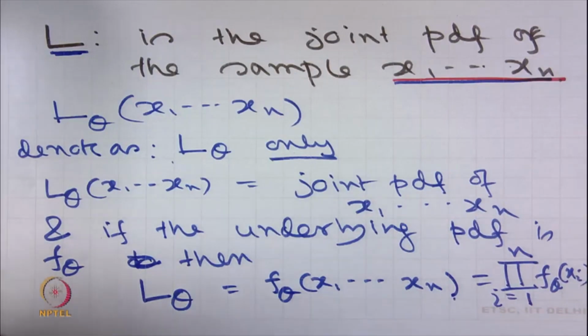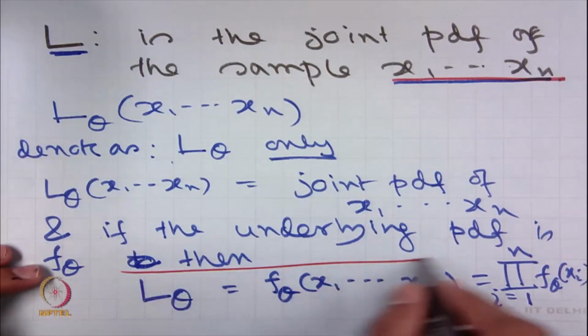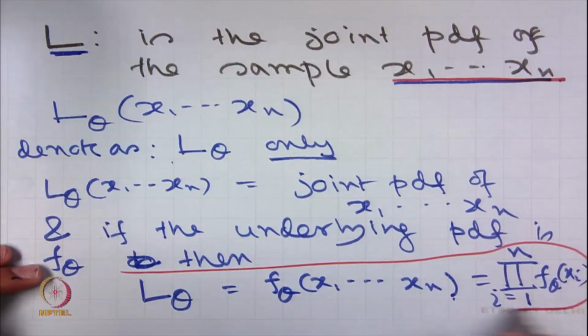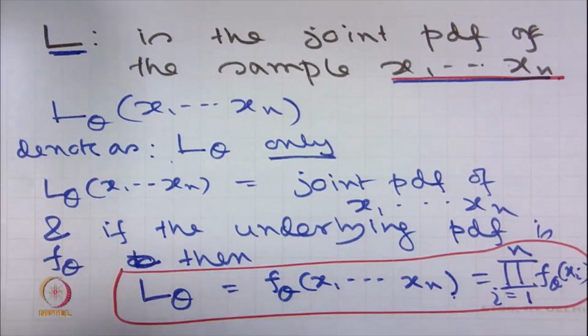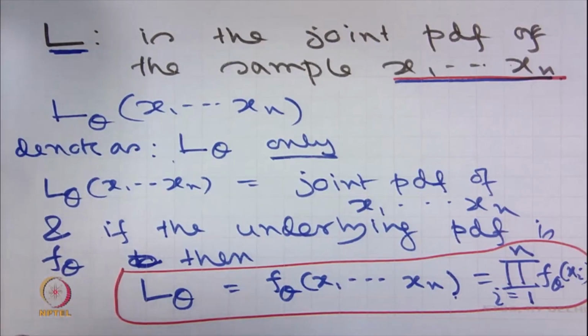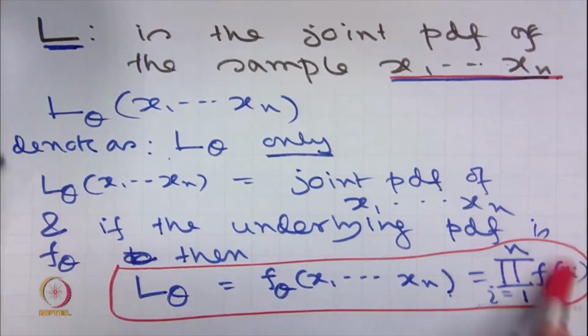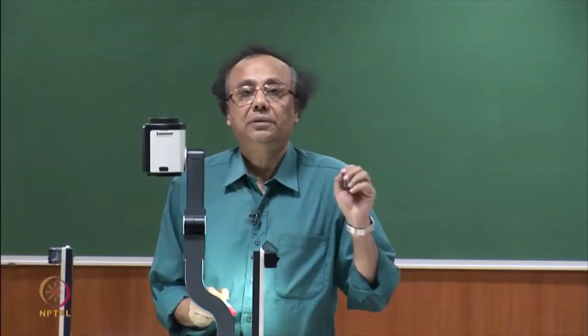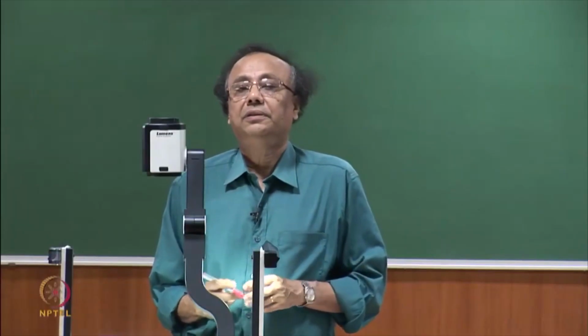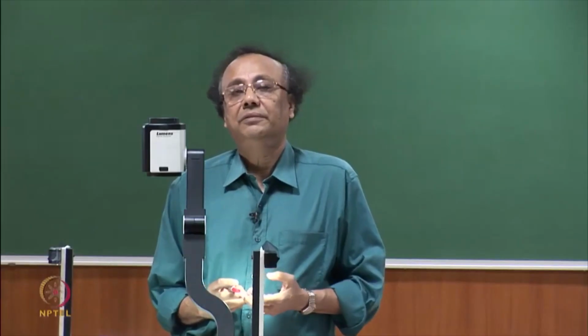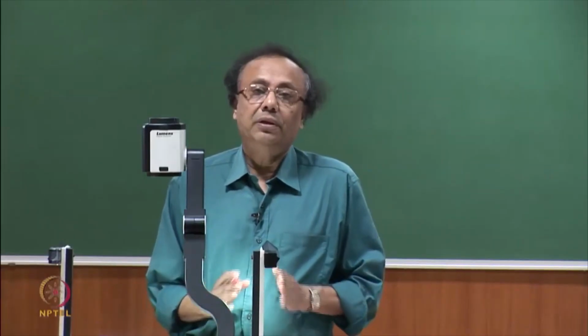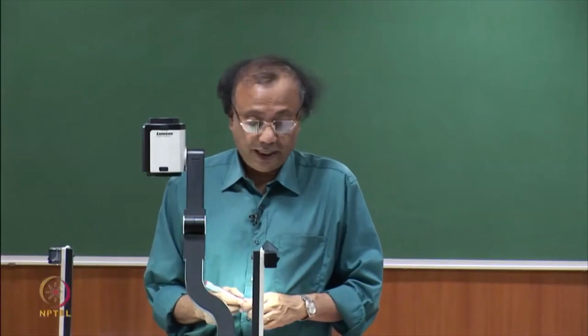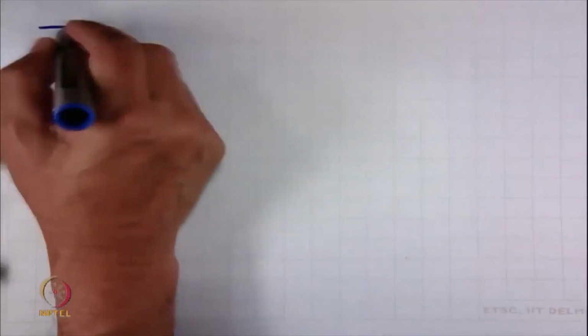So, do not get confused with this L(theta), it is something that we know very well. Since the samples are independent, most often we will be assuming this form, that L(theta) is equal to the product of the individual densities of the sample x1, x2 and xn.